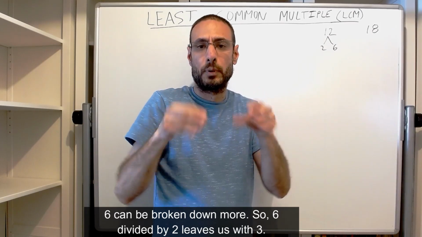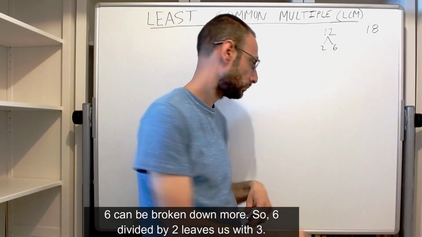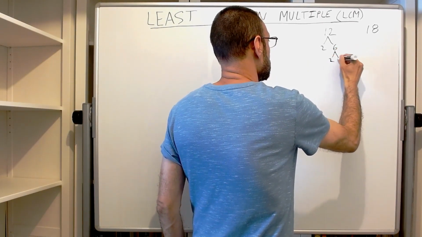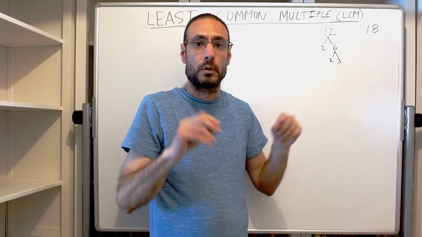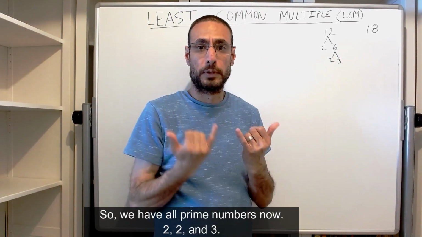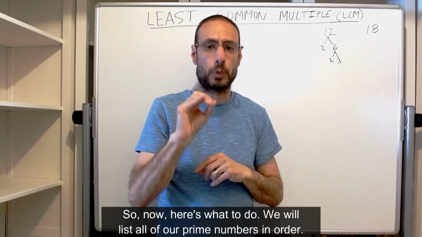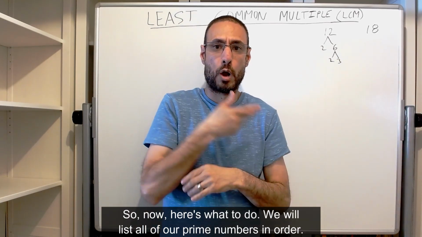Six can be broken down more. 6 divided by 2 leaves us with 3. So, we have all prime numbers now: 2, 2, and 3. Now, we will list all of our prime numbers in order.